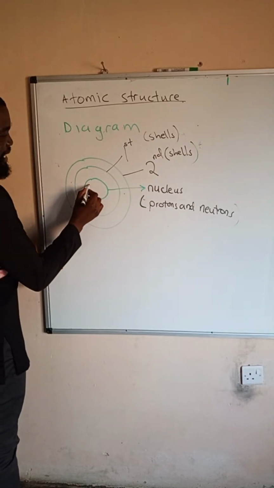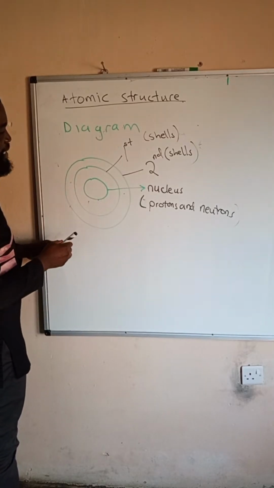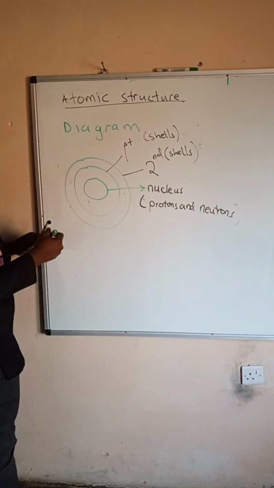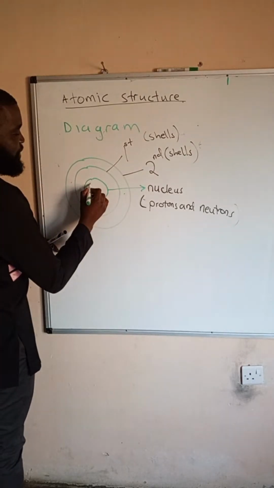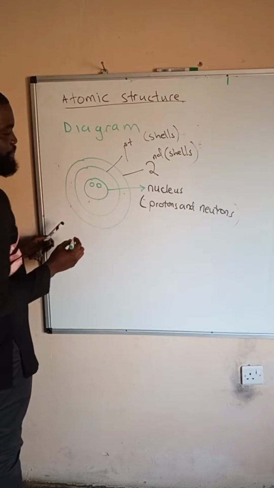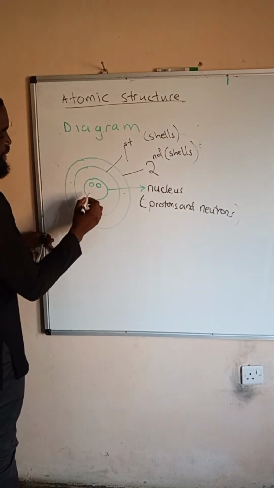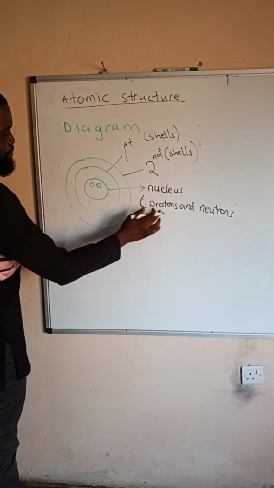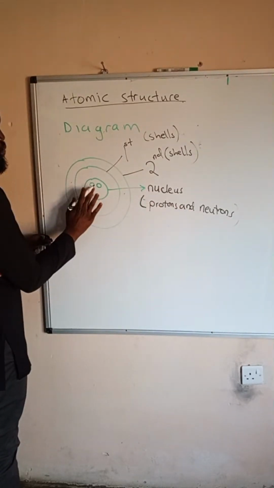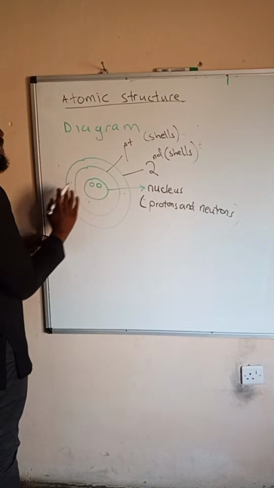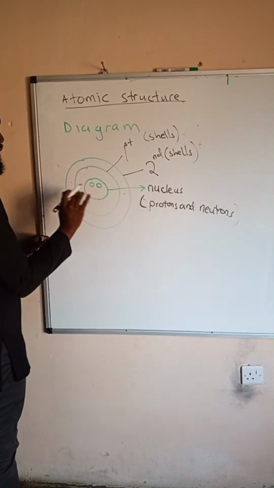So inside here, you find a mixture of protons and neutrons. For example, if these two are protons, I'll represent them using a different color.